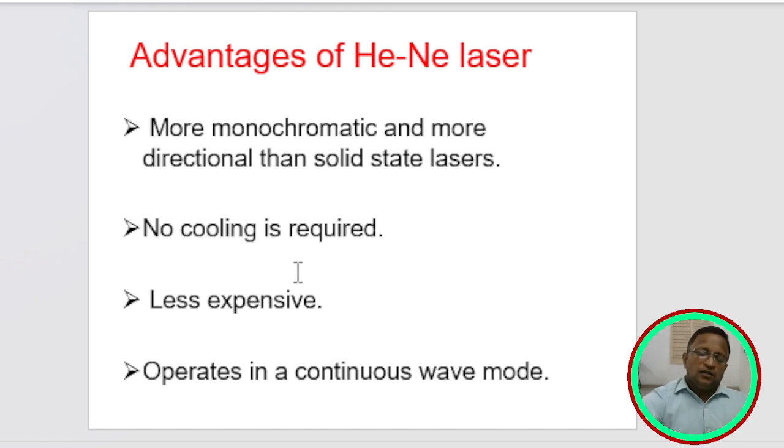And no cooling system is required in this process. Why? Because after the collision process, all the helium atoms give their energy to the neon atoms and come to the ground level, and the neon atoms are the only ones responsible for giving the laser light.